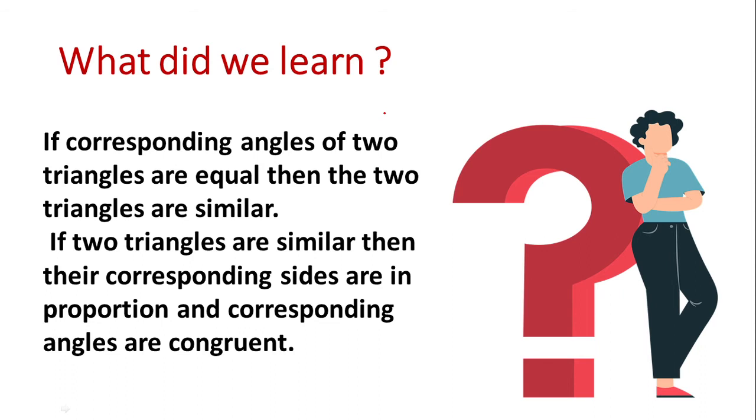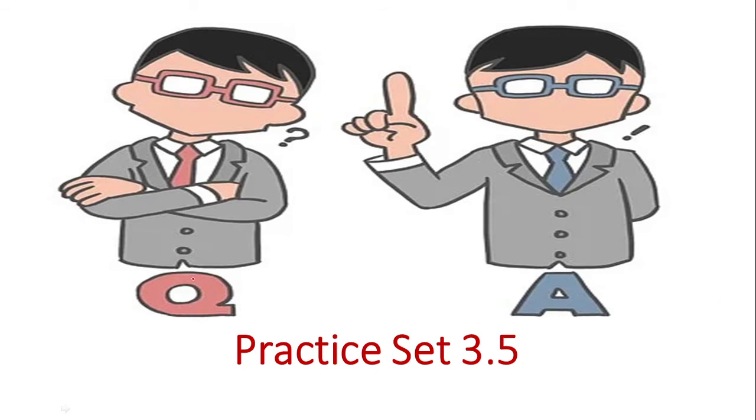Like in the last example we took, AB upon PQ is equal to the others, the ratio of the corresponding sides should be the same. So these are the two very important properties related to the similarity of triangles. Based on the same, we will be solving practice set 3.5. So let's start.